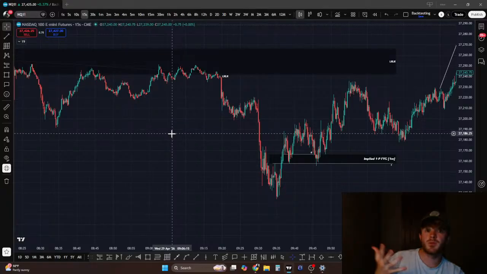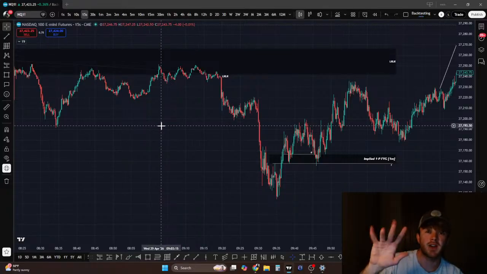Those are the 5 main entry types. Those are like the Avengers, the 5 different ways I would ever enter.